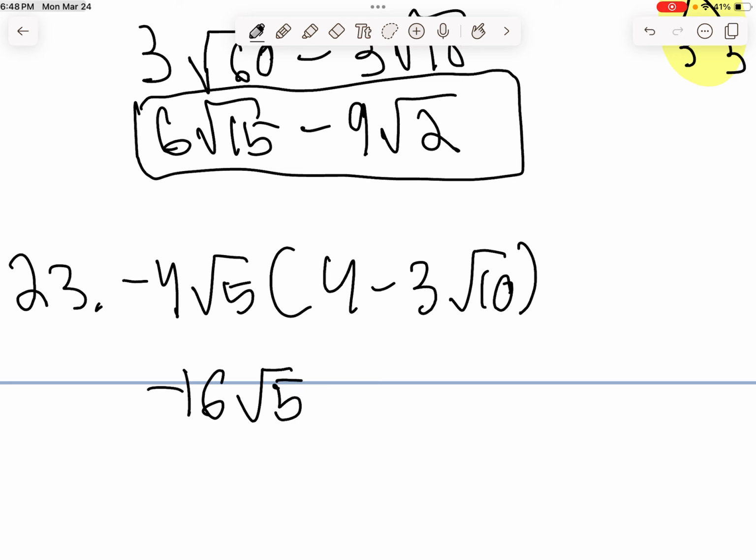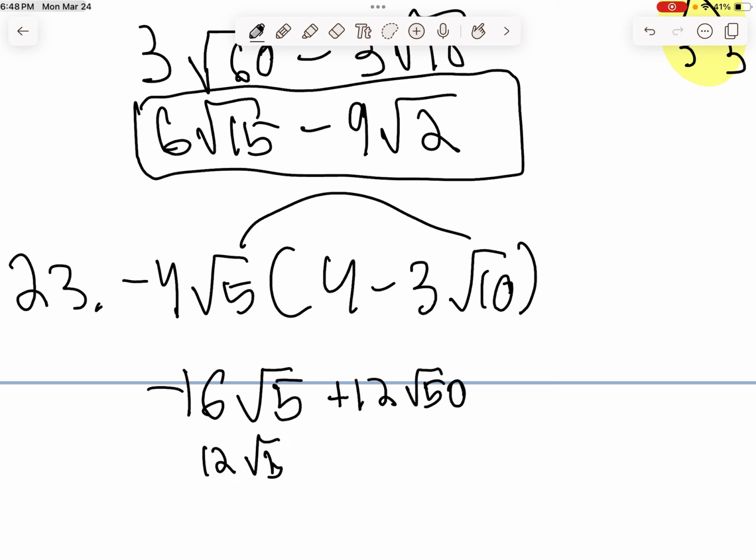That's nice and simple. When you're multiplying these, it's going to be a little bit more challenging. Just remember, multiply each one by itself. So what do I mean by that? Let's look at the negative 4 and negative 3. Multiply those by each other, you get 12. Look at the square root of 5 and the square root of 10: that's the square root of 50. I'm going to flip these around because I personally prefer the negative to be after the positive.